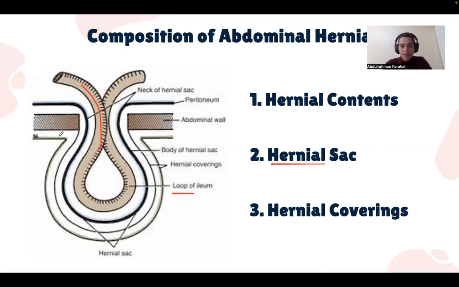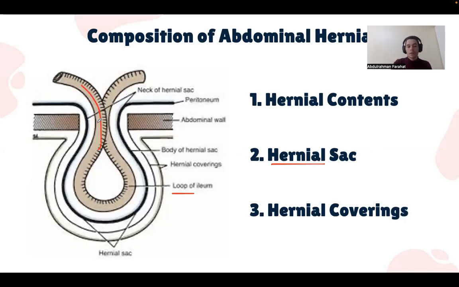The hernial sac: when they protrude, they pick up, or stretch, some peritoneum with them. You could see that the loops of ileum take the peritoneum with them, and this peritoneum is the hernial sac.